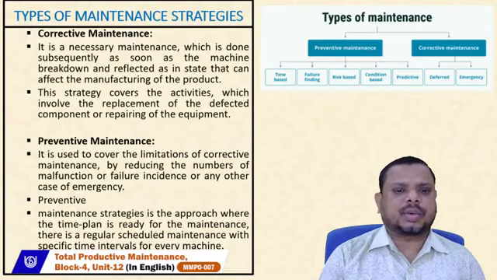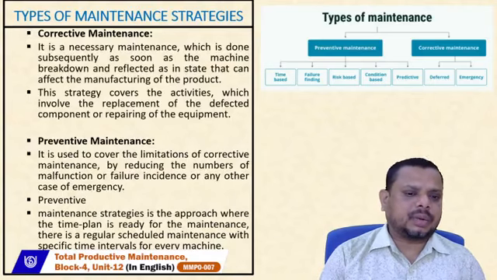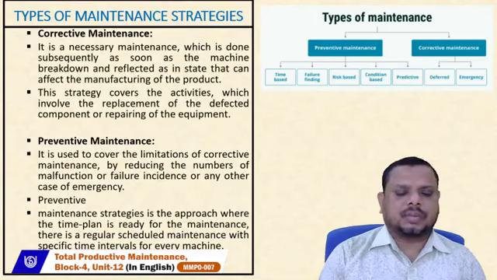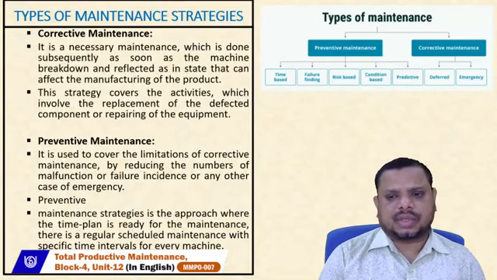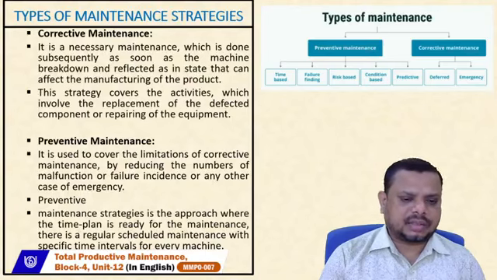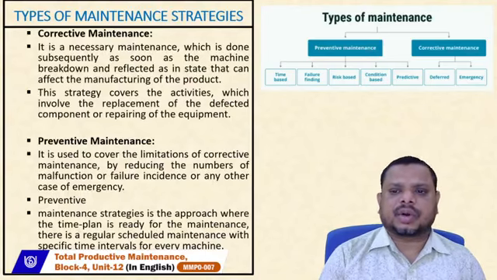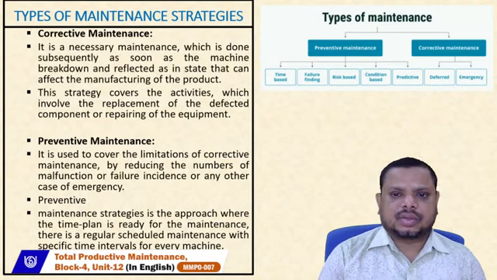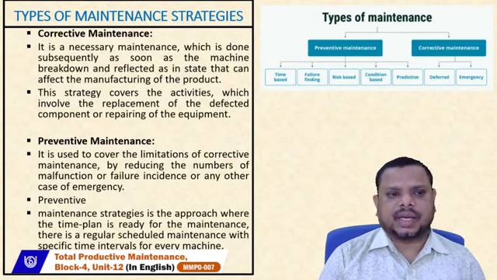They must go for day-to-day planning, weekly planning, or in some cases monthly maintenance planning, depending on the functionality of the machines. So these are the basic types of maintenance: one is preventive, another is corrective.